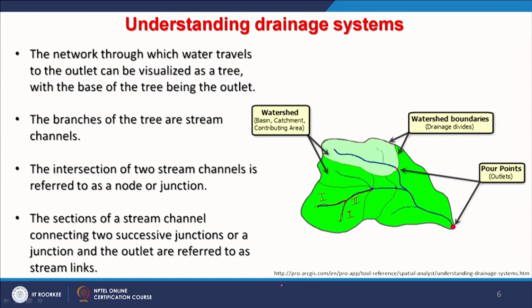And sections of a stream channel connecting two successive junctions, or a junction and the outlet, are referred to as stream links. These stream links are very important while deciding the order of the streams. So through surface hydrologic modeling, that derivation can also come, following two well known, well established methods, which we will discuss later.